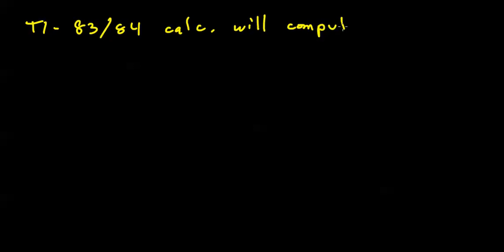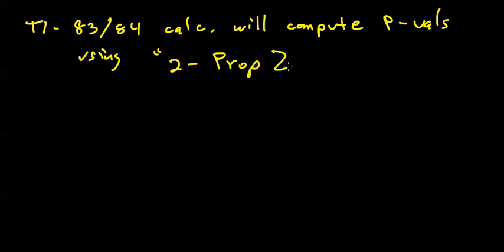Alright, we're going to use our TI-83/84 calculator. And again, similar to operators we've used in previous sections, the calculator will compute p-values in this context, but using a different operator. It's going to be called the 2-PropZTest command.